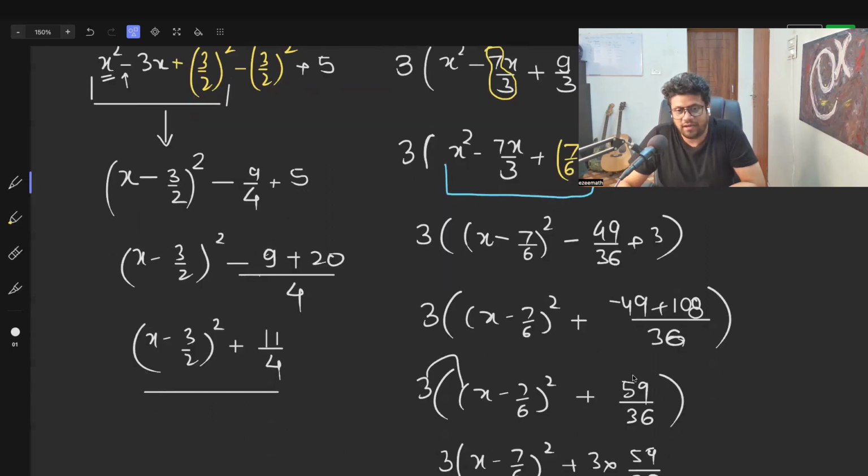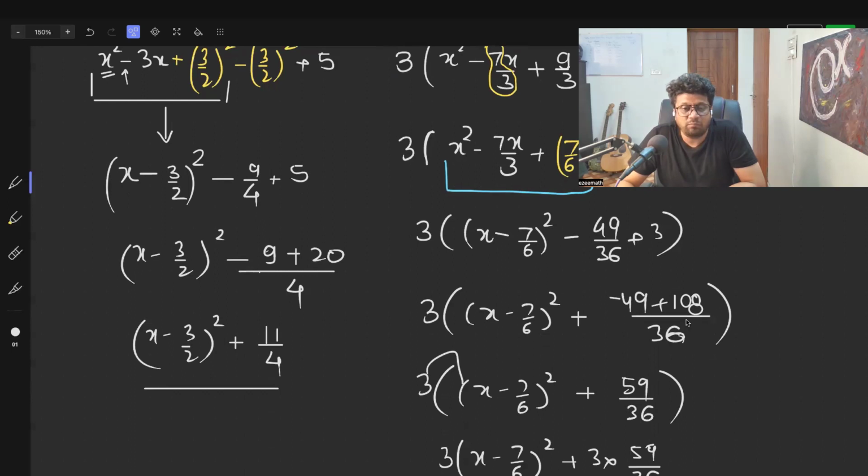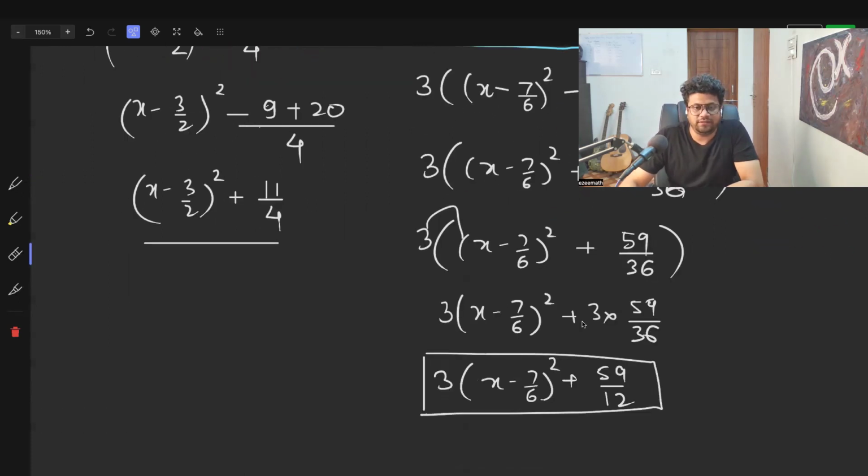This, keep in mind, is literally a minus 49 plus 108 by 36. Don't go put a minus 49 plus 108 by 36. That would be a wrong thing here. And of course, you need to bring the 3 inside that large bracket. You get this. This is the square form.